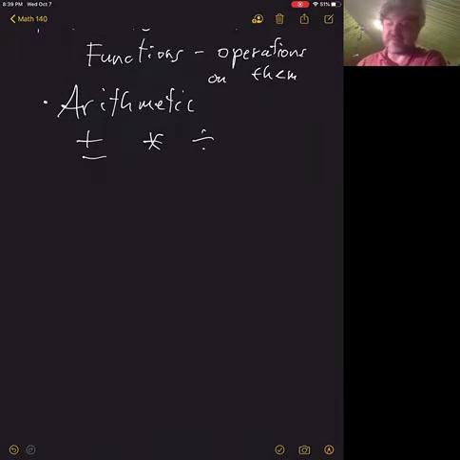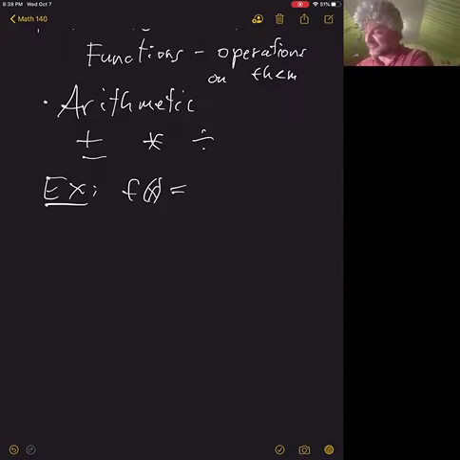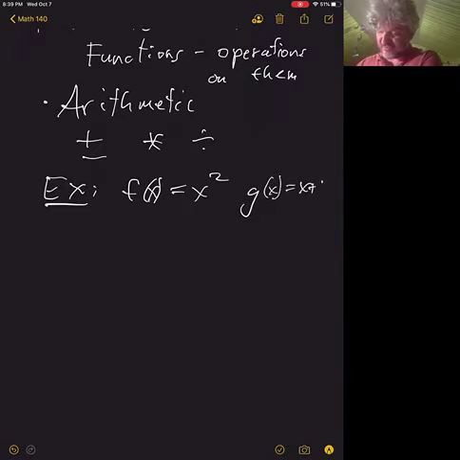So doing the same thing with functions, the best thing is to jump right in with an example. So here's one function, f of x is x squared. Here's another function, g of x is x plus 2. And let's do that.